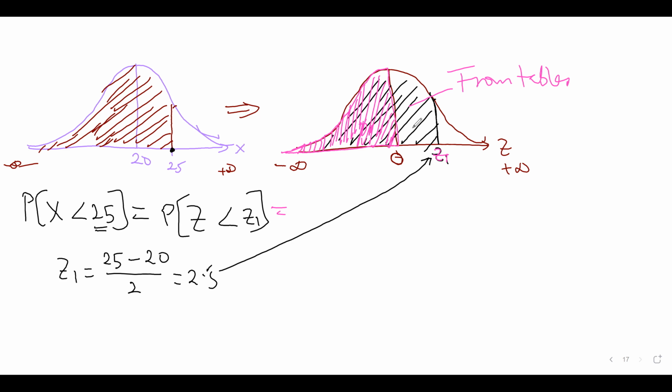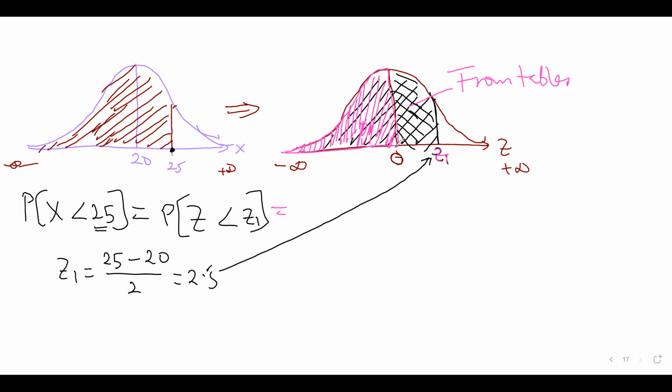So if you get this area here, if you get the area that is now shaded in black, let me shade it again. If you get this area, then you can get any other area that you want. You can get the area above Z1, you can get this area.